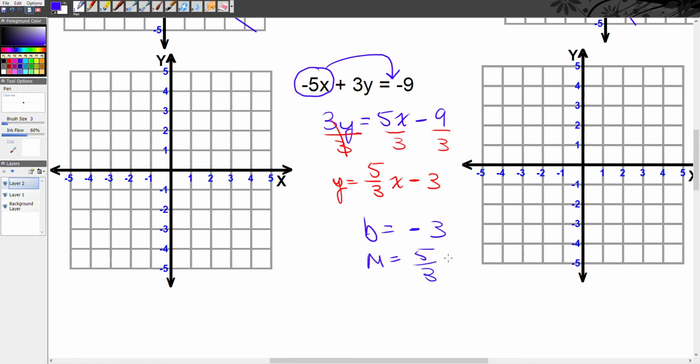So that's going to be up 5 and right 3. So my y-intercept's at negative 3. Am I going to have to use the trick? No, because I do have room to move up 5 and right 3. So I'm going to go 1, 2, 3, 4, 5. 1, 2, 3. And there is my new point, and I can make my line.